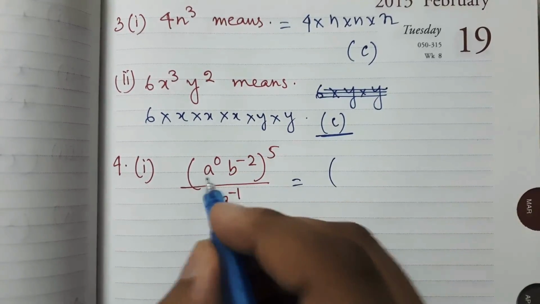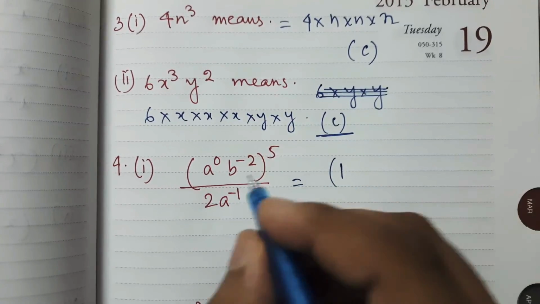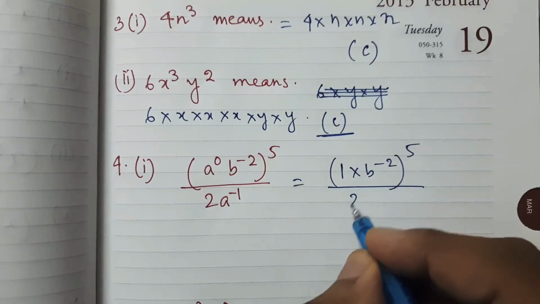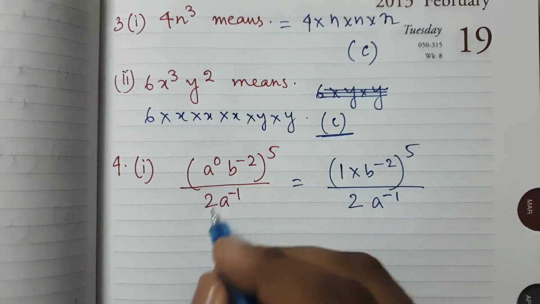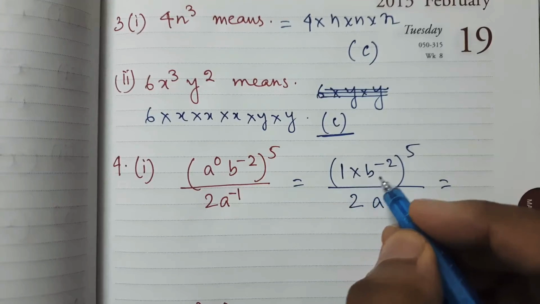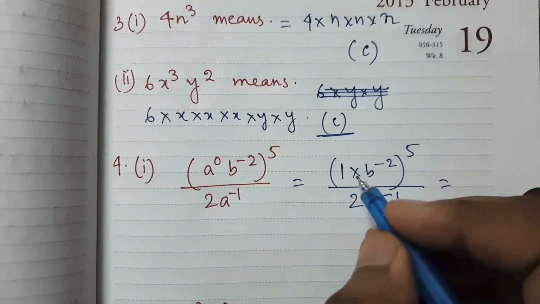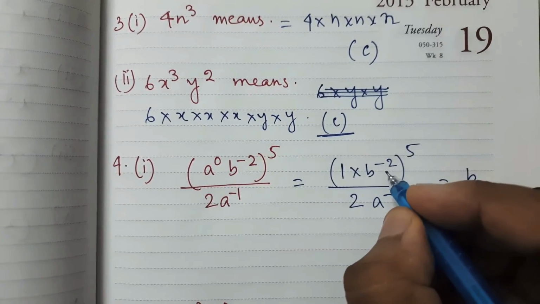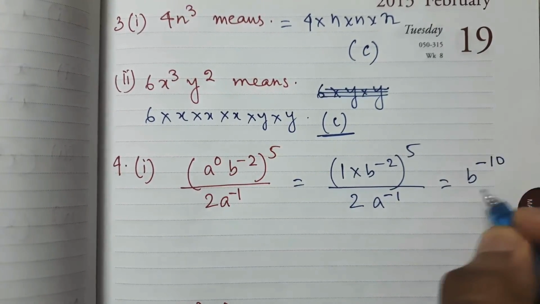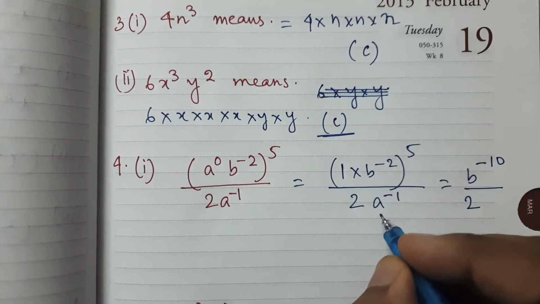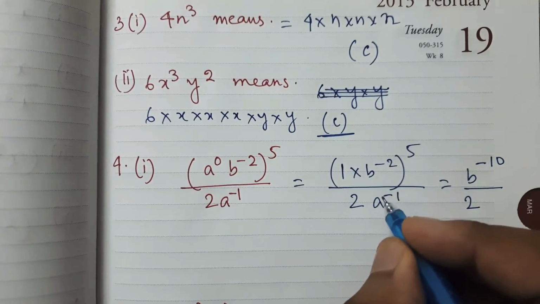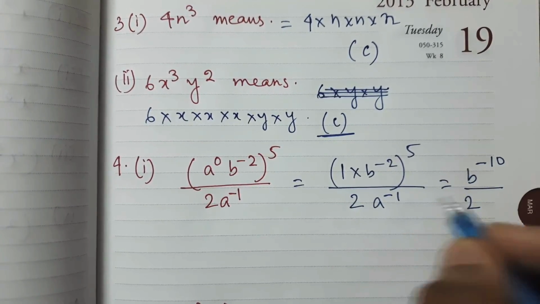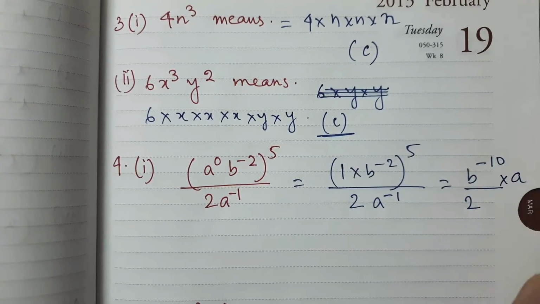Okay, so here I am putting 1, and then 1 into b to the power minus 2 is b to the power minus 2 and whole to the power 5, and then 2 in the denominator. Now here you can apply the formula number 2, because power of power, so b to the power minus 2 into 5 is minus 10, and then here a to the power minus 1, that means negative exponent is present in the denominator, so you can directly apply 1 by a to the power minus 1 is a, so a is multiplied in the numerator.